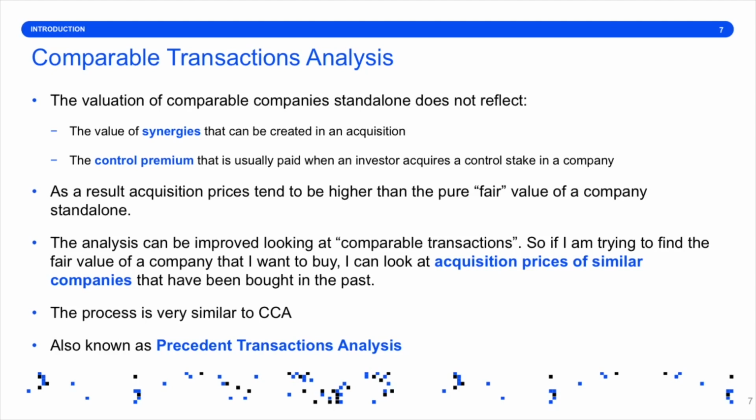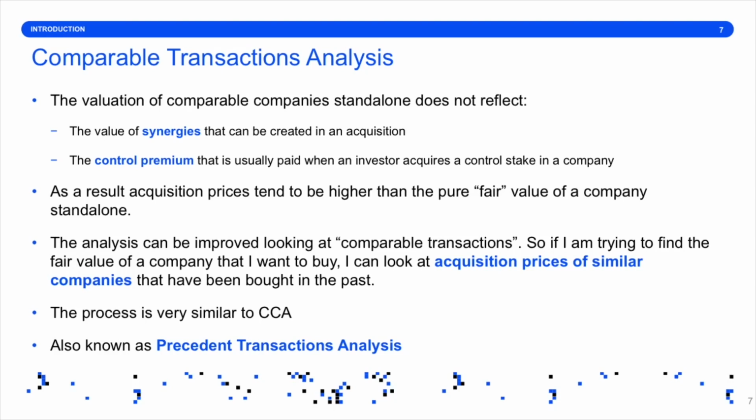The idea is, generally speaking, in the market, if you buy one stock in a company, you pay $10. If you buy 51%, usually you pay more than $10 per share. Why is that? Yeah? Because you buy the power of doing whatever you want with that company.